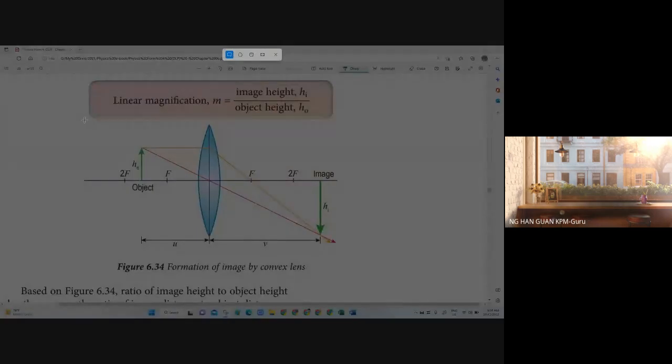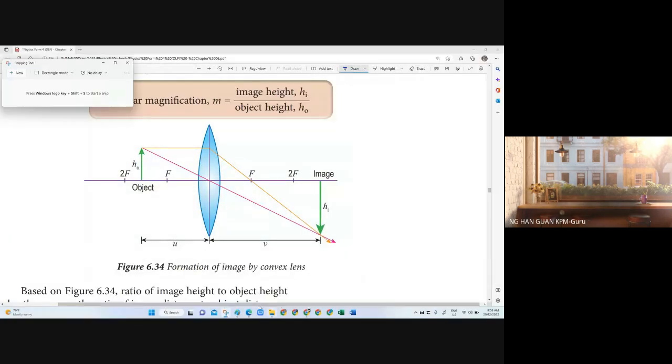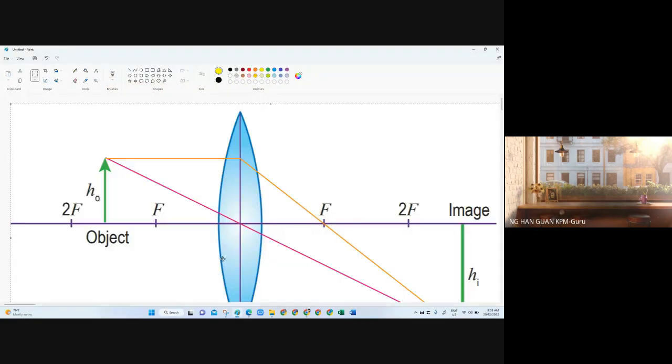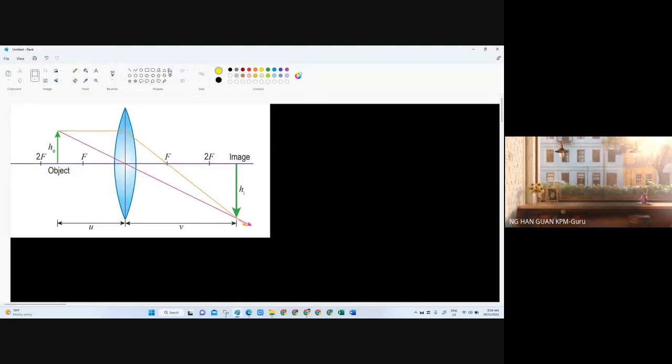when you see this diagram, as you study in the triangle relationship, you can see here there is one triangle. I use the purple colored line. So here you see there's one triangle, and there is another triangle.